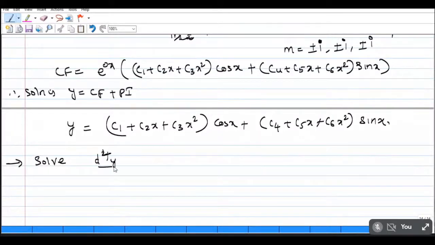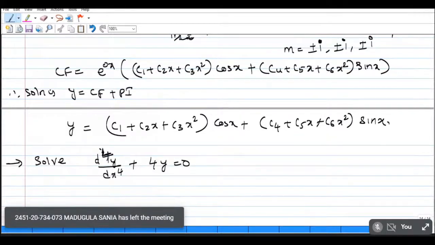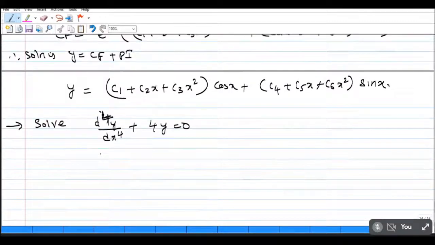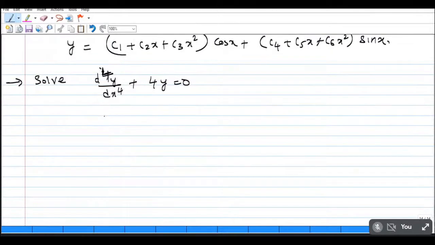d power 4 y by dx power 4 plus 4y equal to 0. This you can write as (D power 4 plus 4) of y equal to 0.